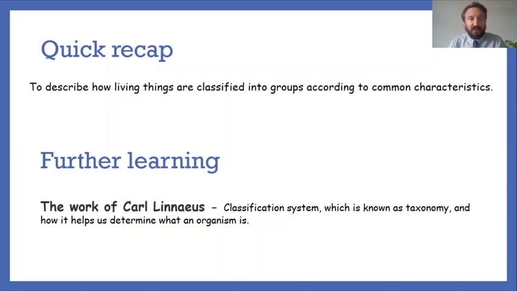Now this is the last video today, but if you're interested in classification, have a look at the work of Carl Linnaeus. His classification system, known as taxonomy, helps us to determine what an organism is. There are plenty of videos around the internet and plenty of reading to do that would really help to cement your learning in classification.